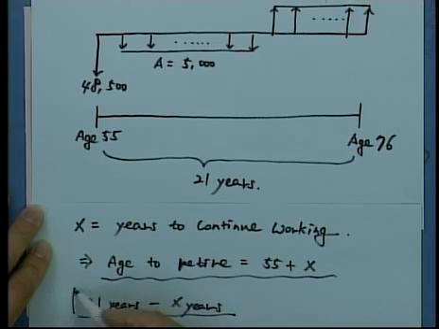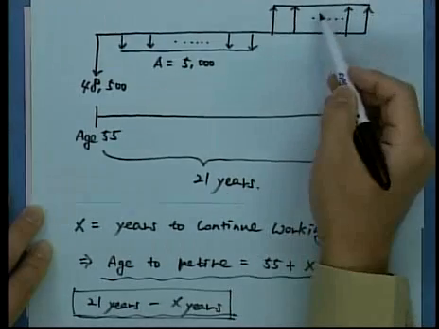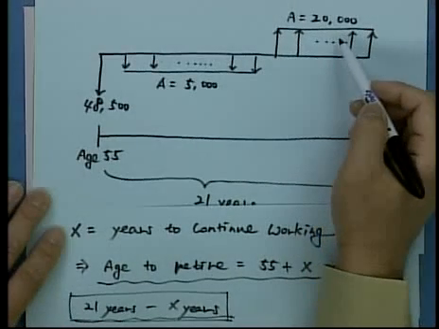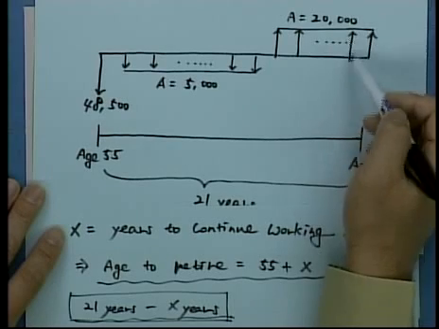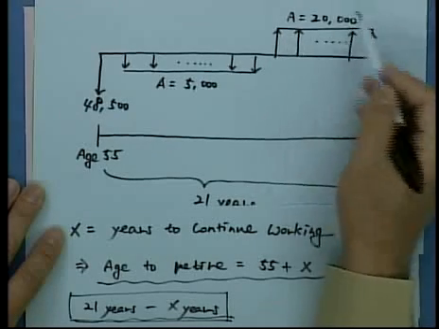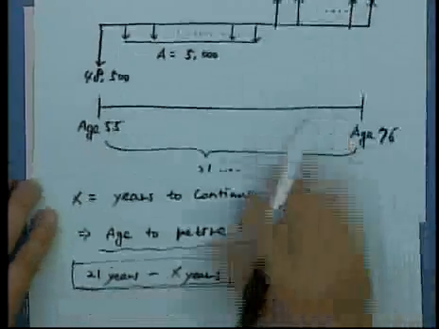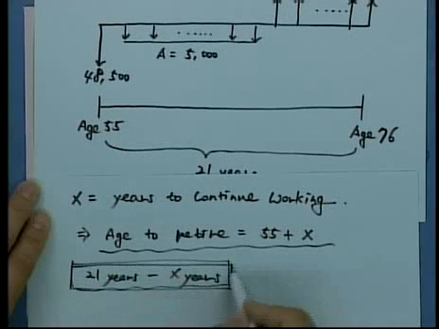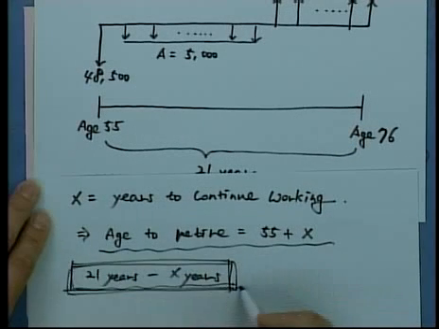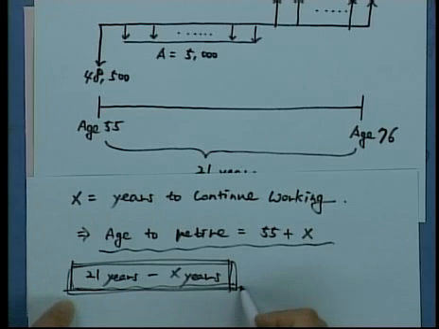So here you're going to receive $20,000 of annual income from his retirement fund for these years, right? 21 years minus x years.